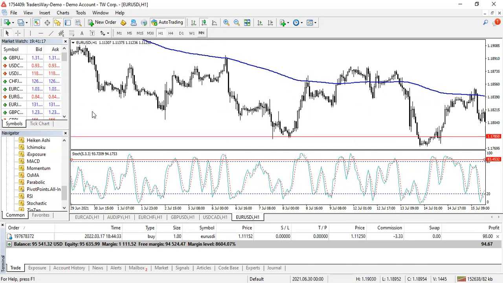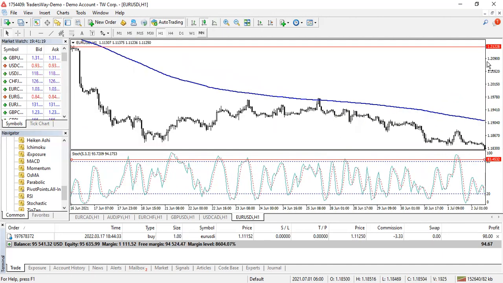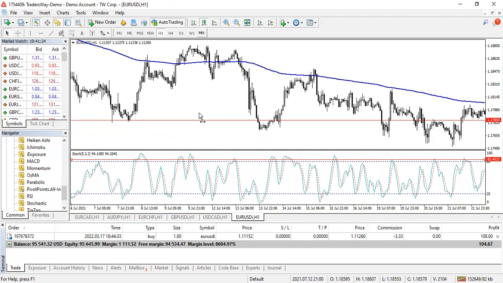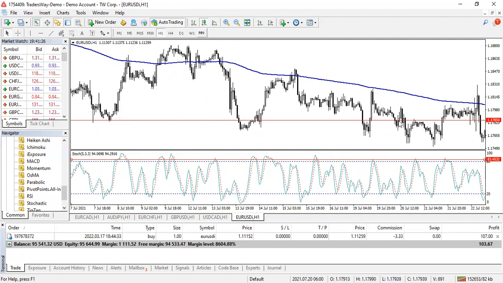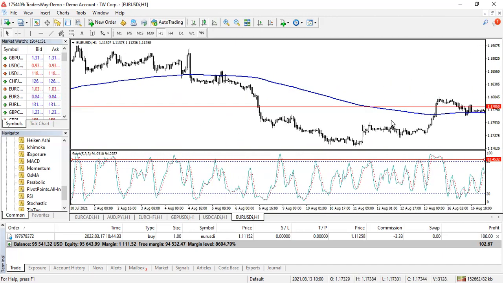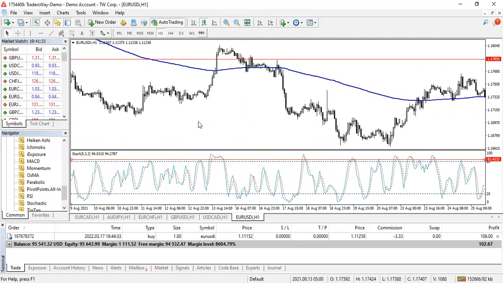If you want to backtest, you can follow through this horizontal line to see if it is actually going in line with what has happened here. But there is no way you can backtest automatically. You have to backtest manually, unless you are going to build an EA for that.